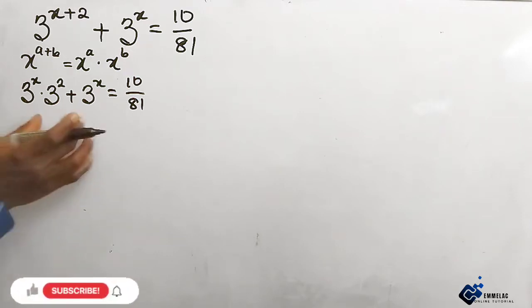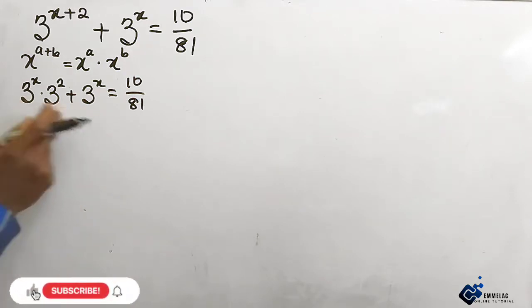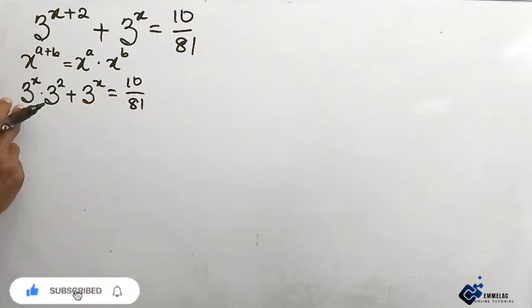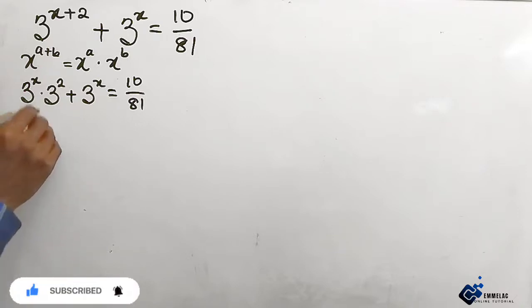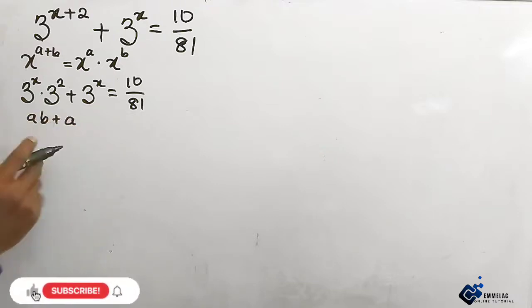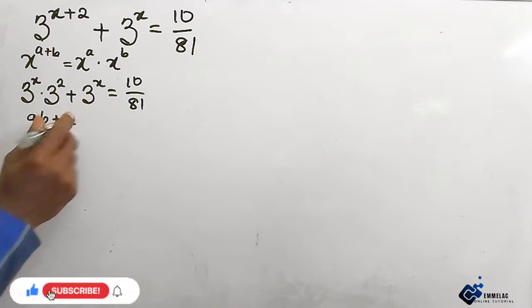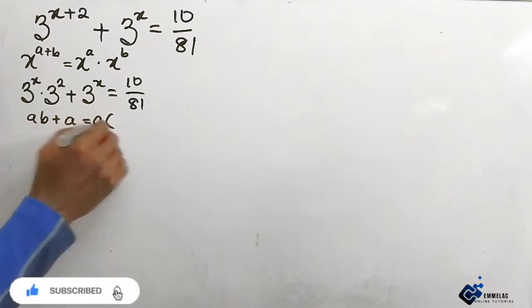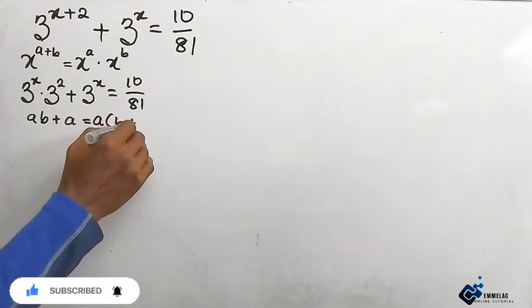Now if you look at this, you see that there is a common factor, which is 3 raised to the power of x. This is simply like saying a times b plus a. The common factor is a, and if we factor out a, we have a into b plus 1.